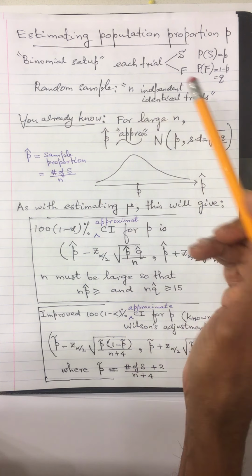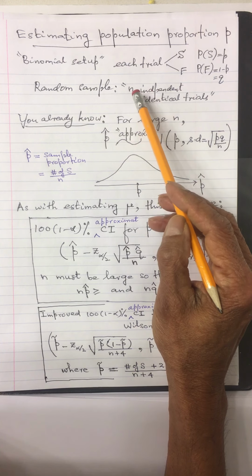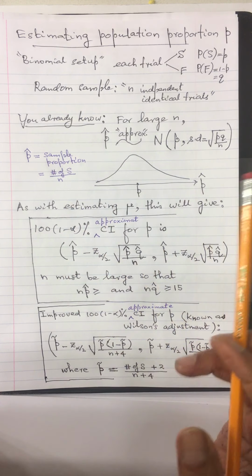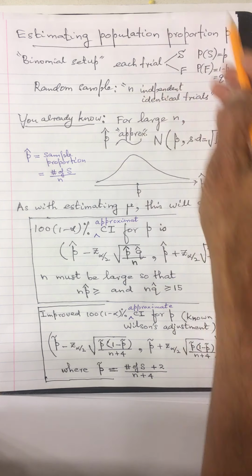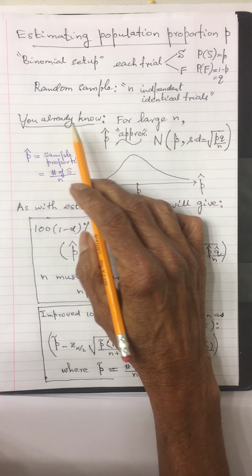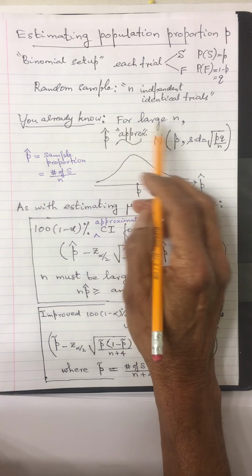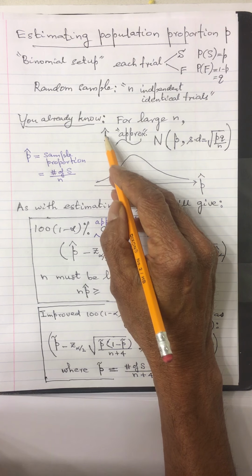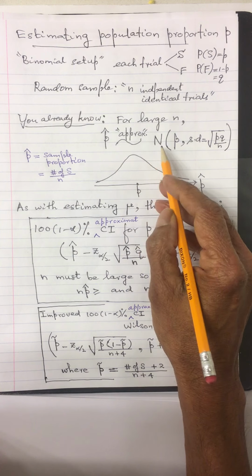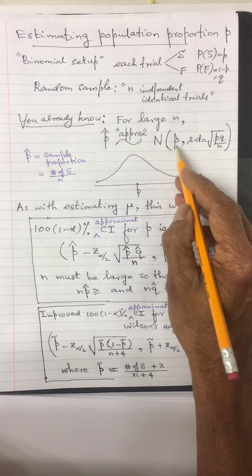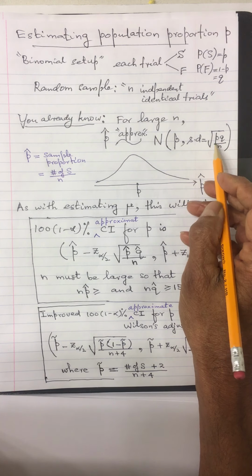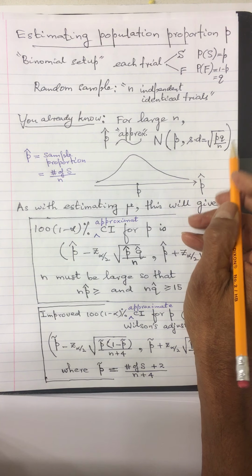In different words, we are looking at n independent identical trials. When you pull a random sample out of that, you have already seen the central limit theorem for that. For large n, the sample proportion, p hat, is approximately normal with mean p, and the standard deviation is the square root of pq over n.